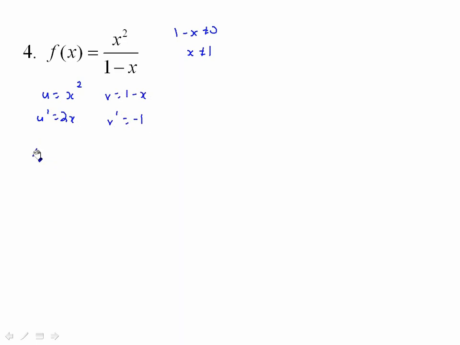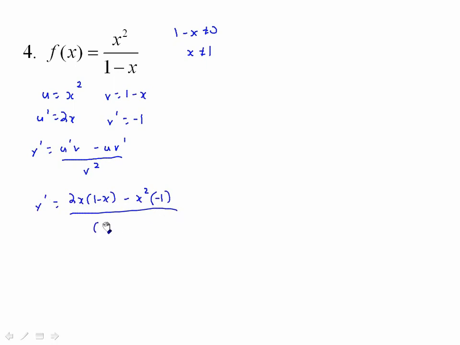So y prime is equal to (u prime v minus u v prime) all over v squared. So y prime is equal to 2x times v, (1 − x), minus u, which is x², times v prime, which is negative 1, all over v squared, (1 − x)².